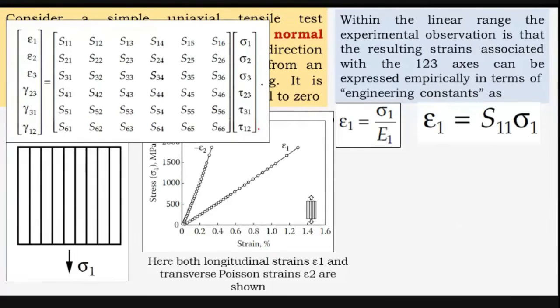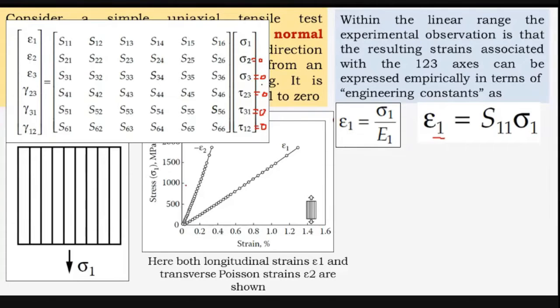From this equation, just try to understand now. So from this equation, if you have sigma 2, sigma 3, all these things, okay, all these things are zero because we are not applying them. So what will we get? Epsilon 1 is equal to S11 into sigma 1.